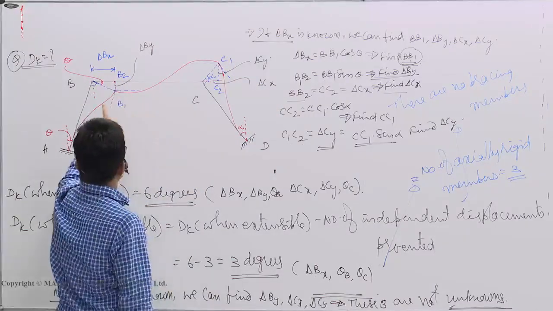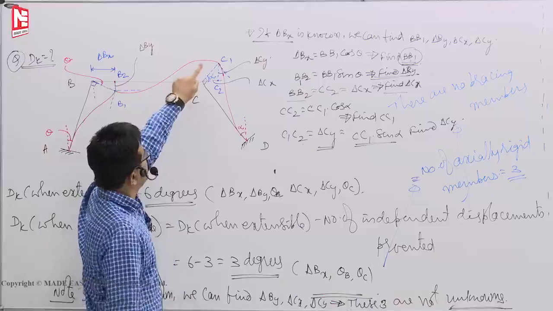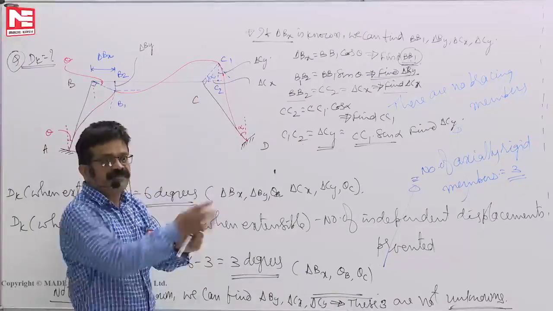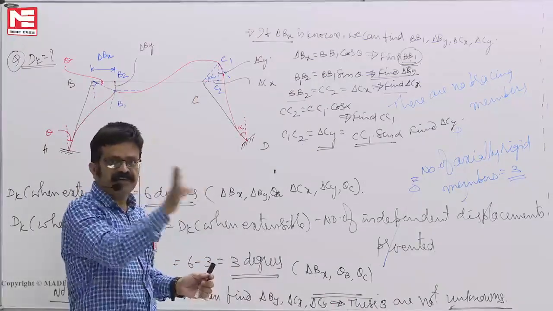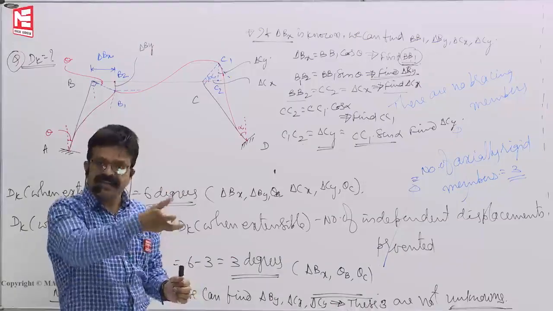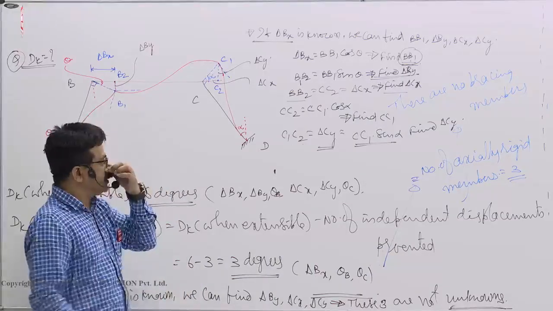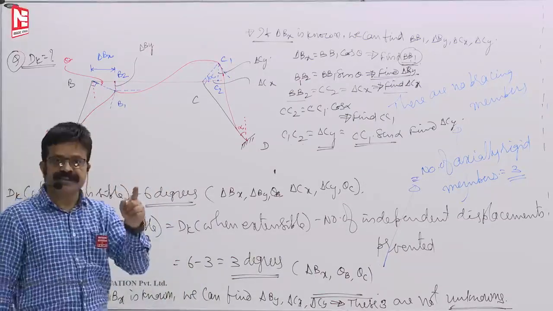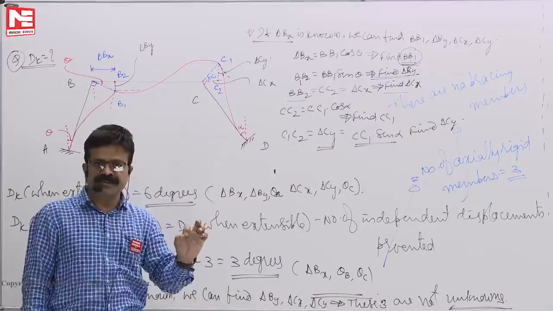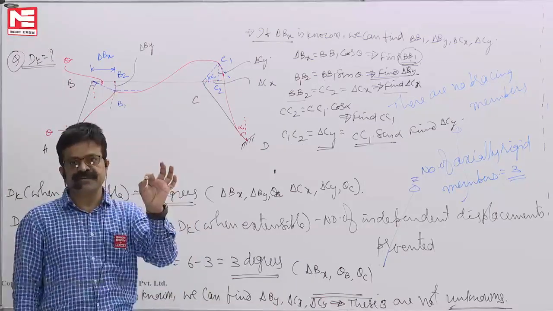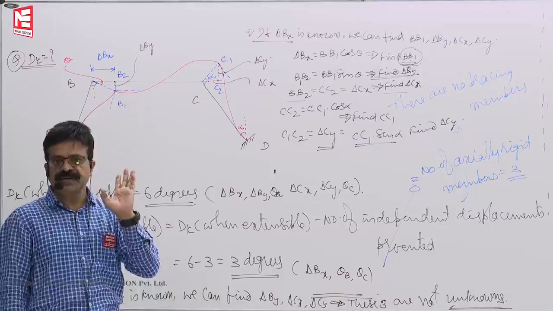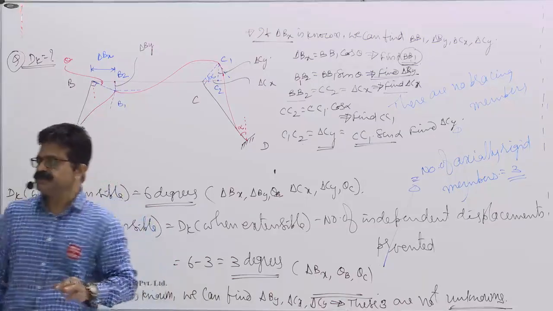Then if it sags, it should sag. If it hogs, it should hog. One sagging, one hogging at a joint is not possible if there is no external moment. That I told you in the moment distribution method. If one member sags, another member should also sag at a particular rigid joint if there is no external moment.